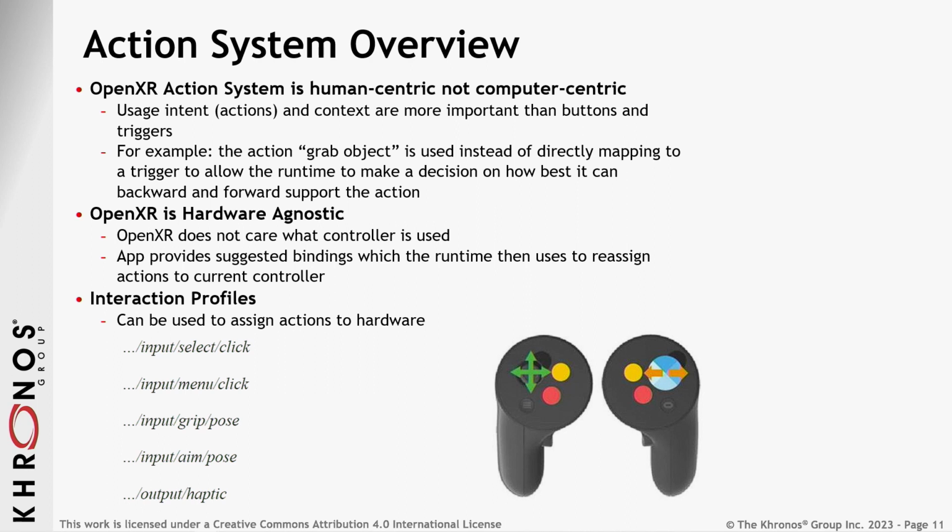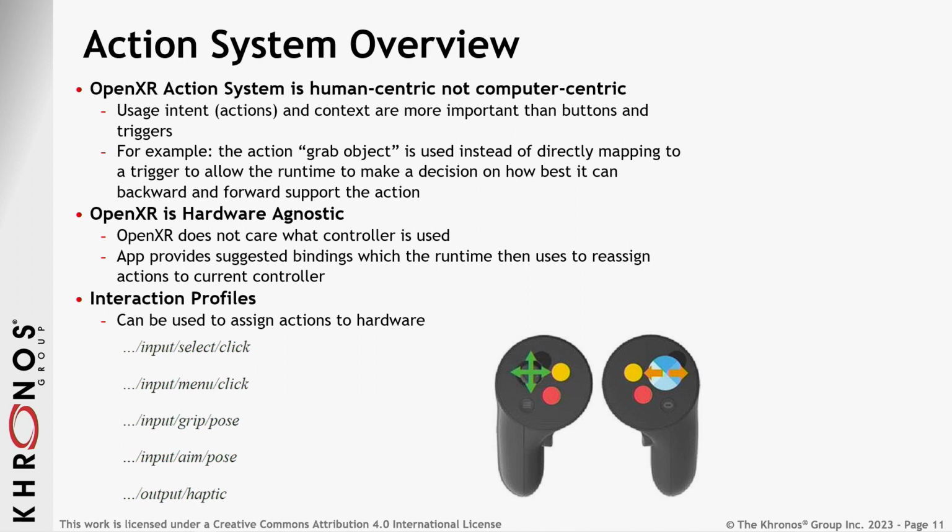And this is done by what we call bindings and interaction profiles. So if you develop, for example, on the Meta Quest, Oculus Quest 2, then you would be using their interaction profile. You can suggest that to the app, and then the runtime will read that and say, oh, this application was developed with this controller in mind.